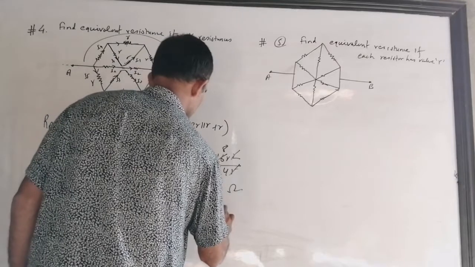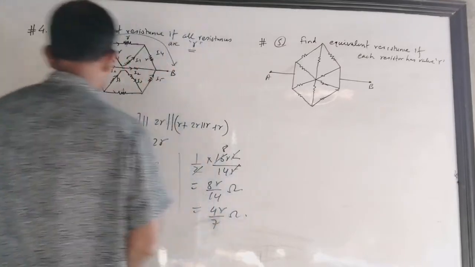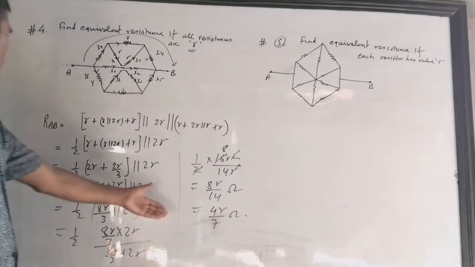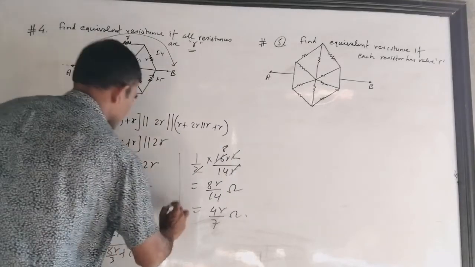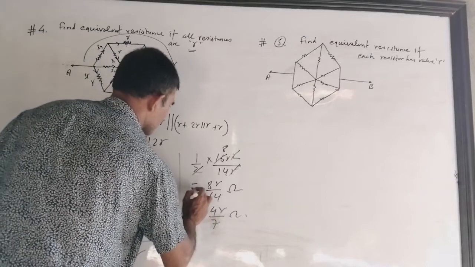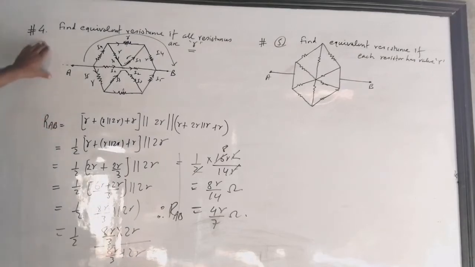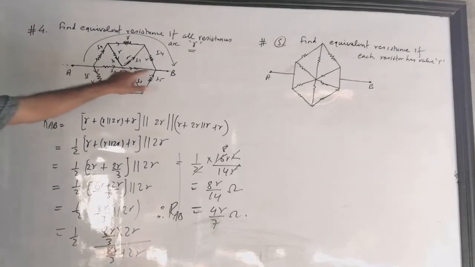You can even cut, this is 4R by 7 ohm. So if there is no calculation mistake, then this will be the correct answer. So this RAB, I might have made some calculation mistake, so check yourself. Okay, and so this was the equivalent resistance from A to B.